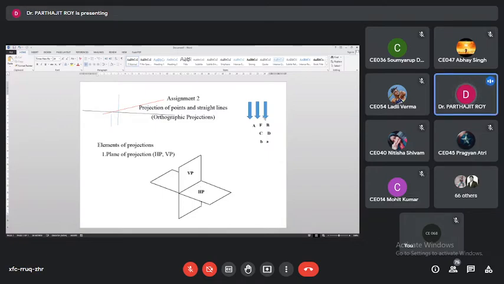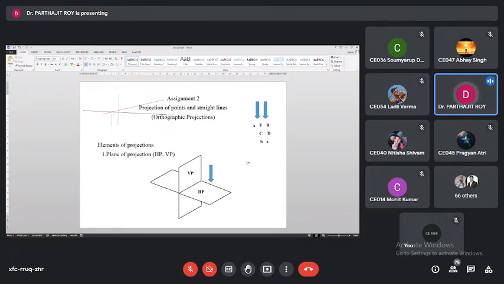Now if you position yourself here, somewhere in front of the vertical plane and above the horizontal plane, the entire space is now divided into four quadrants.